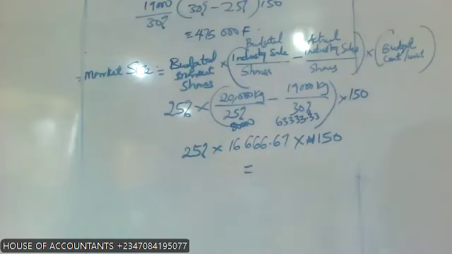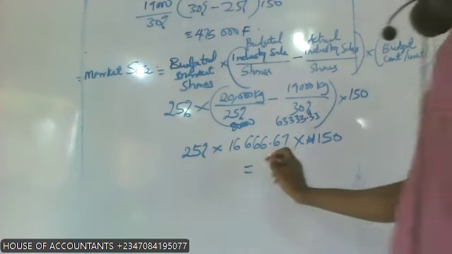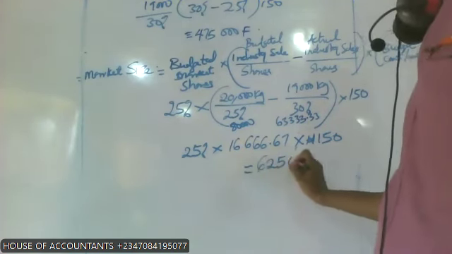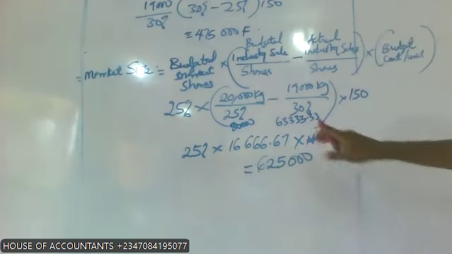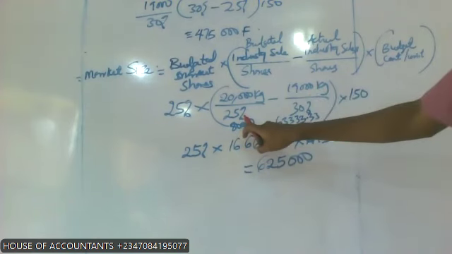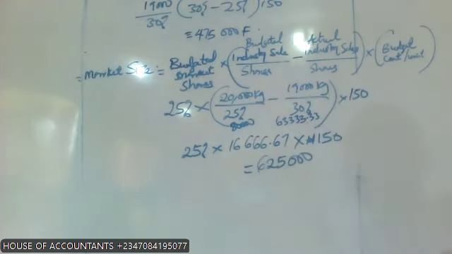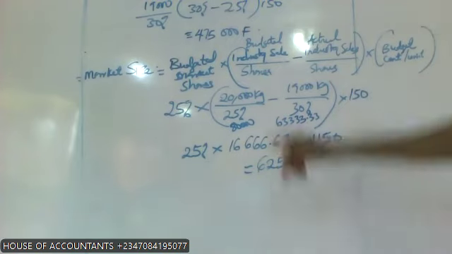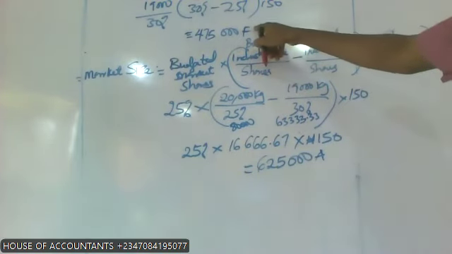Is it correct? 625,000. We need to determine if it is adverse or favorable. This is actual, this is projected. It's adverse, Abby.